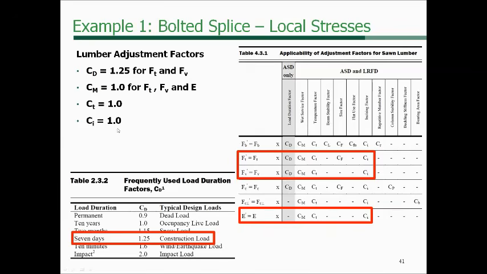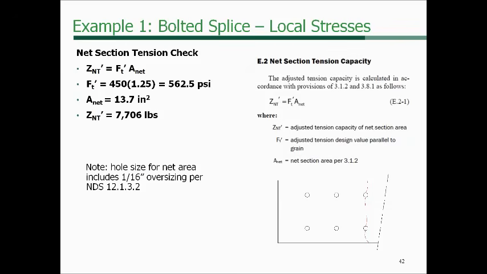Some of you out on the West Coast or using Canadian species might need to be aware that if it's a preservative treated product, a lot of times they require incising to get those preservatives to penetrate, and so there's an incising factor that goes along with any treated product that has to be incised, and that would affect these design values for lumber as well.